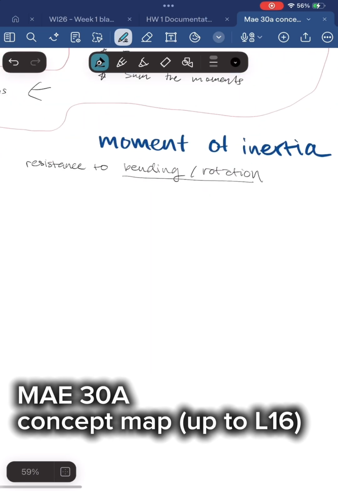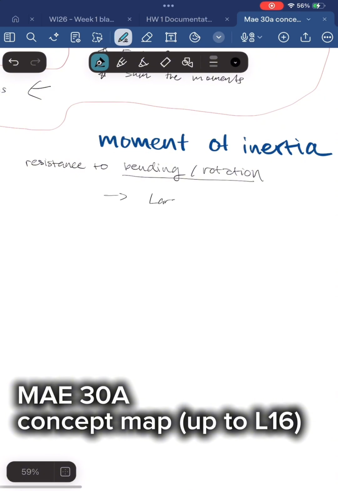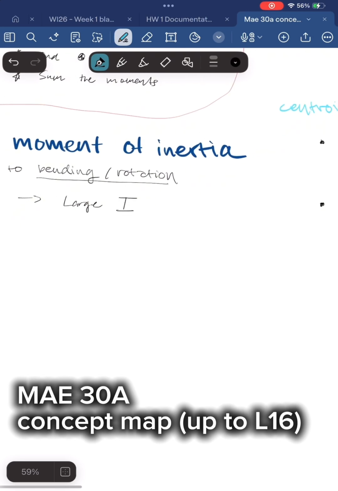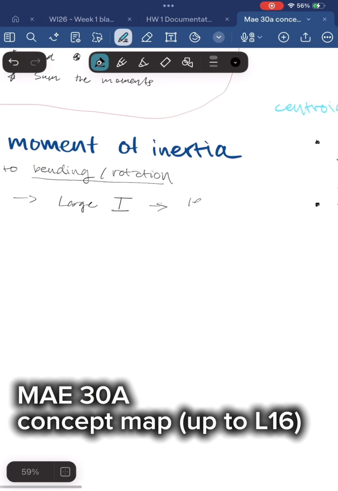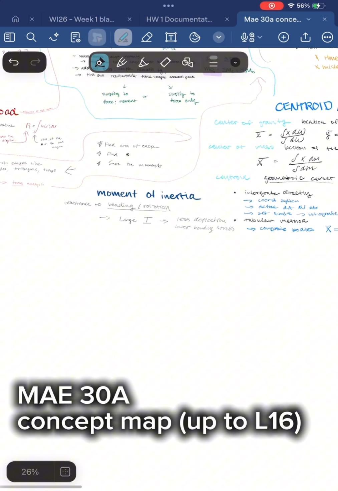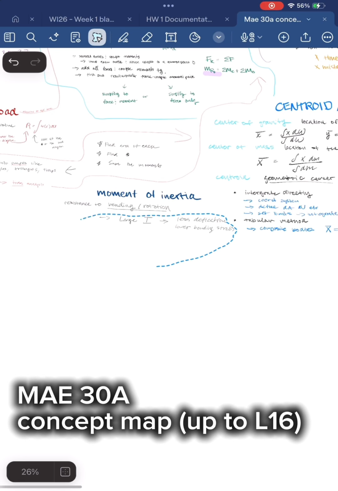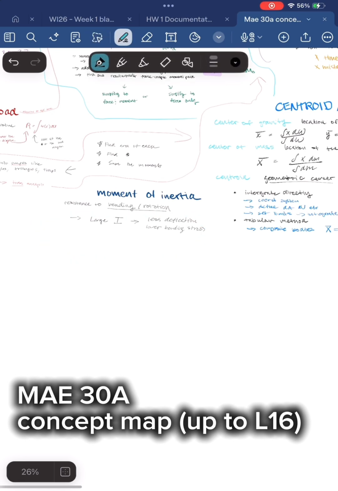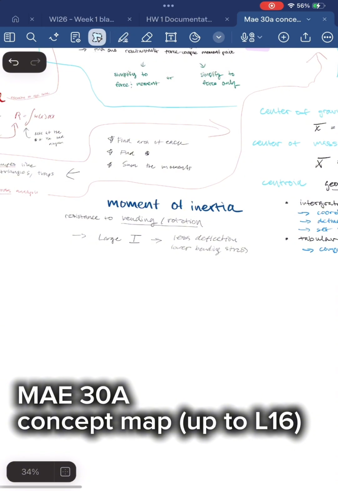This is represented by I, and a higher I means less deflection, lower bending stress. Oh, that's getting kind of close. Let me move that. Move the whole thing actually.